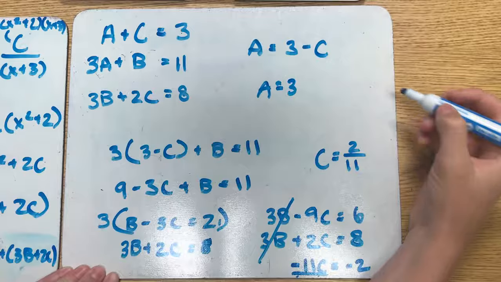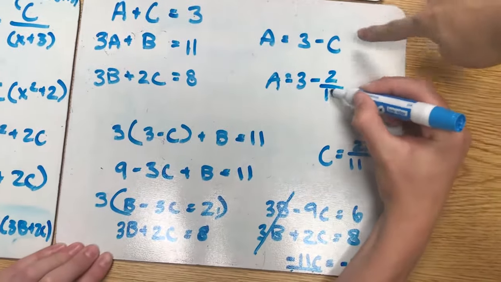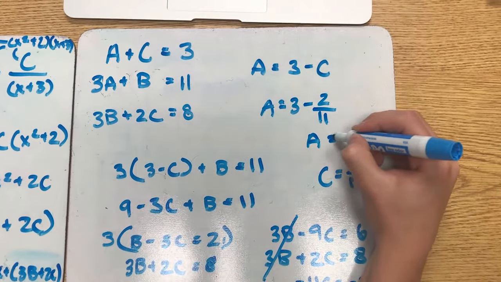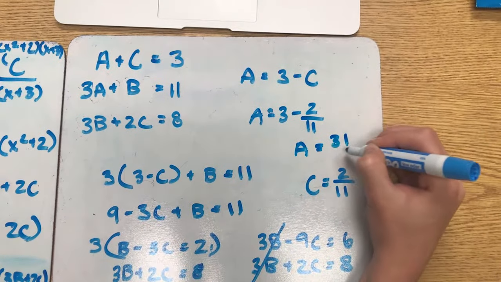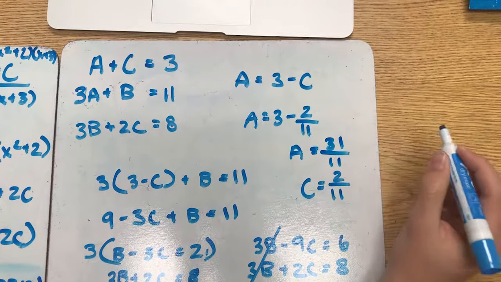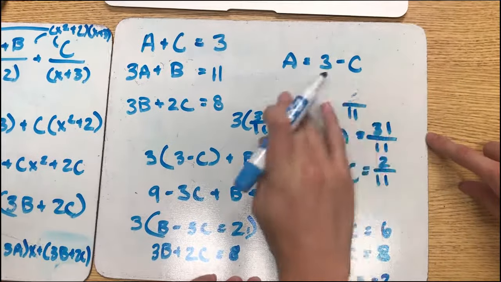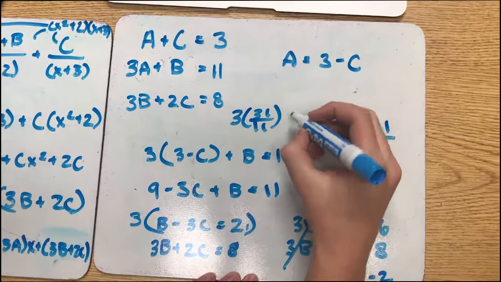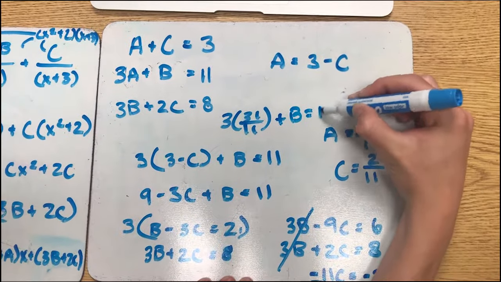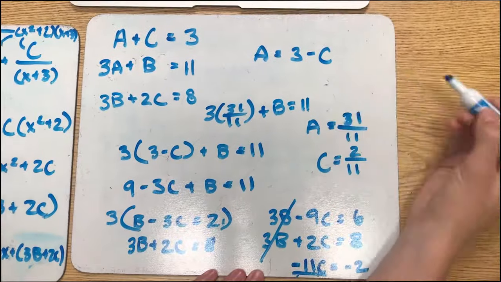2 over 11. Then we plug in 2 over 11 for c in this equation right here, making a equal to 3 minus 2 over 11, which gives you a is equal to 31 over 11. Then we plug in 31 over 11 into a in this equation to equal 3 times 31 over 11 plus b is equal to 11.